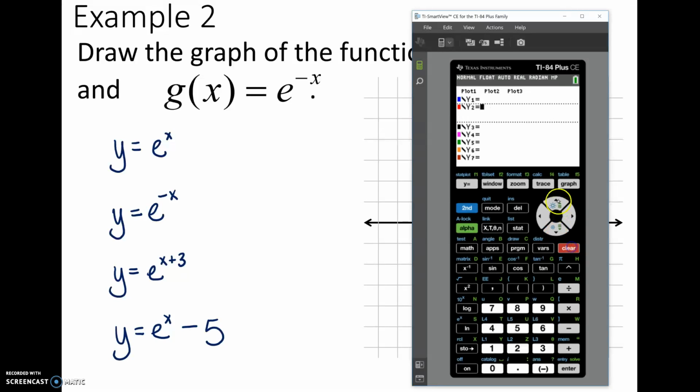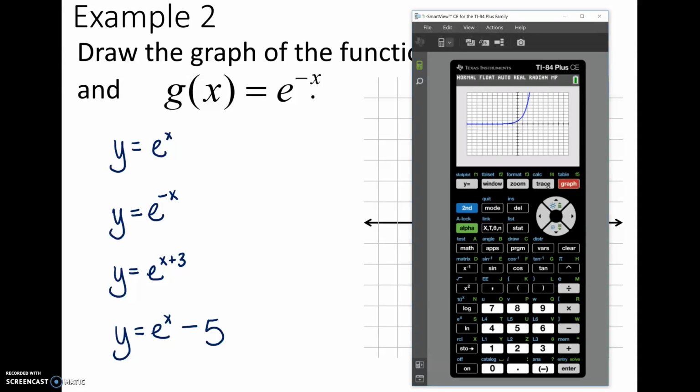So push the y equals button, and that takes you to the y equals screen where you can input your graph. E, that's second ln button. And then remember, x is the button right next to alpha. And to look at the graph, we push the graph button. E to the x looks like exponential growth, just like we did yesterday.